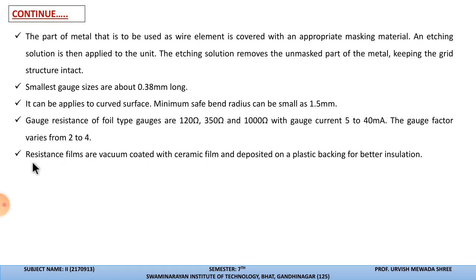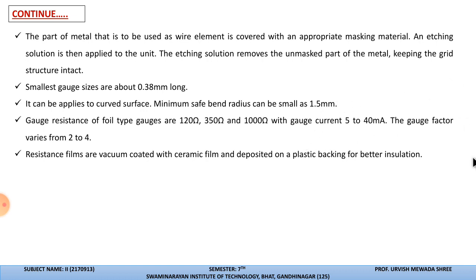Now resistance films are generally vacuum coated with ceramic film, and deposited on plastic backing for better insulation. That plastic backing provides low thermal conductivity, and due to that the person who is near the gauge will not be harmed by the heat generated during the measurement.